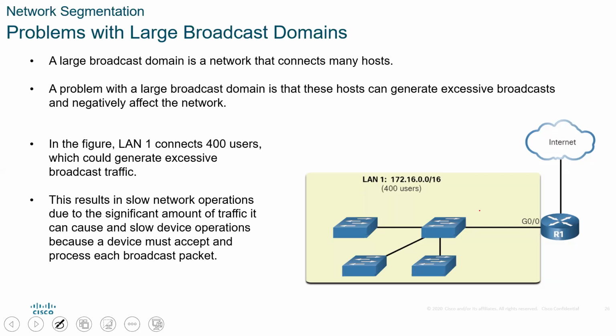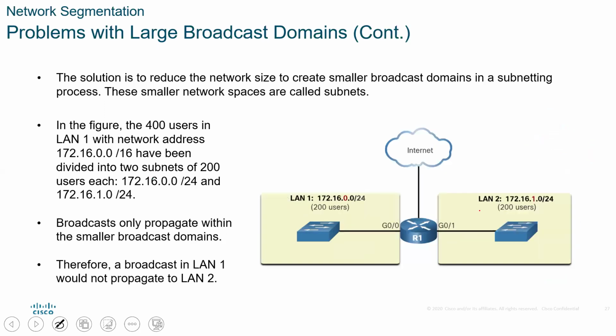All right. So, for instance, if you see this picture here, LAN 1 connects 400 users, which could generate excessive broadcasts, right? This results in slow network operations. Due to the significant amount of traffic, it can slow device operations because a device must accept and process each of the broadcasts.